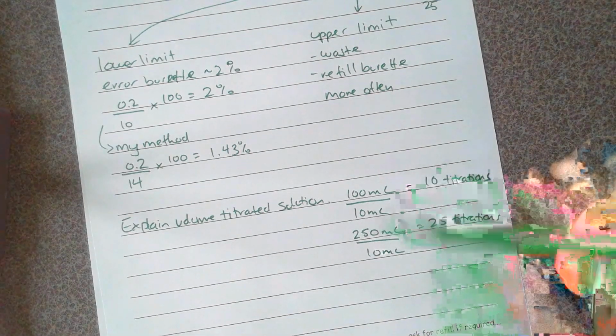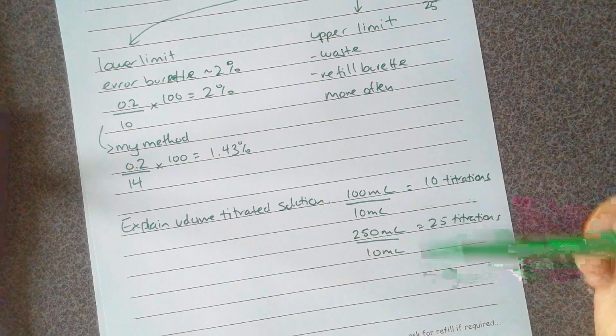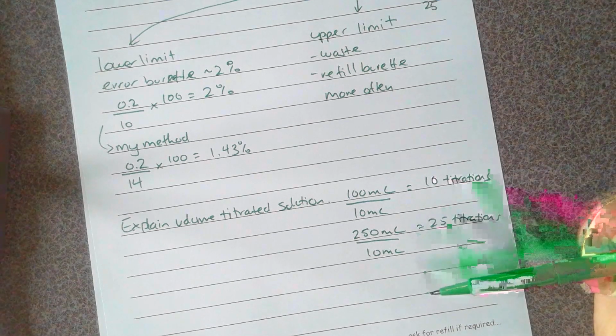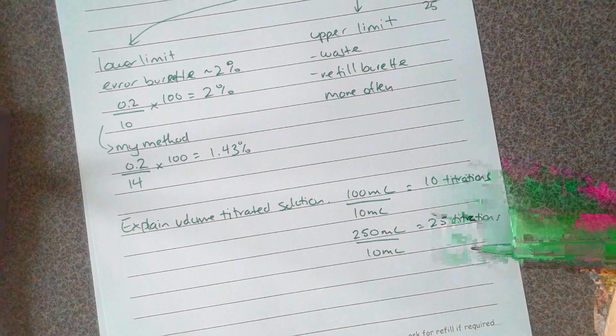Now, where I'm pulling this number from is, remember how I said with the tenfold dilution you had 2 options? You can either make 100 mils or you can make 250. That's where I'm getting that number from. So I'm just trying to explain how many times I can repeat that experiment.